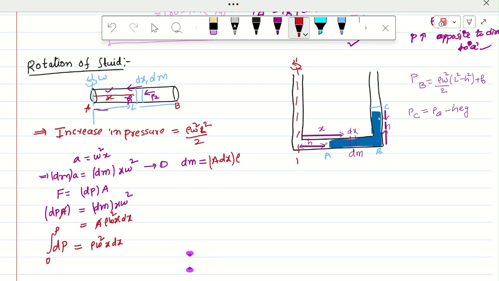Therefore the change in pressure from A to B is PB minus PA, or 0 to P. At B point the pressure is P. At A point the pressure is 0.